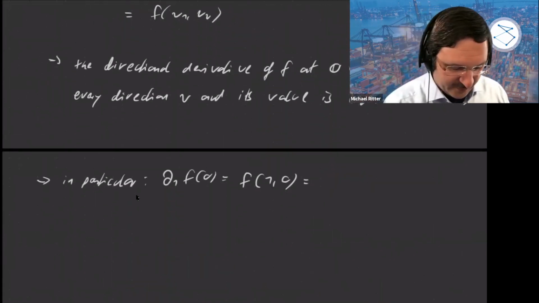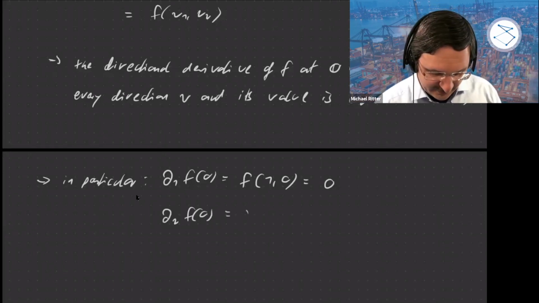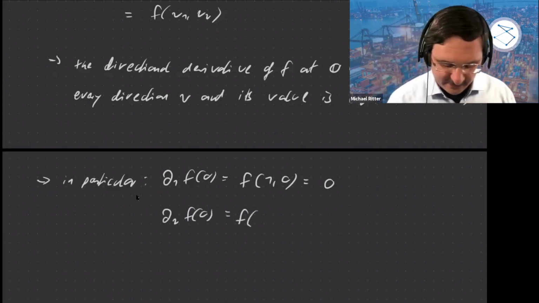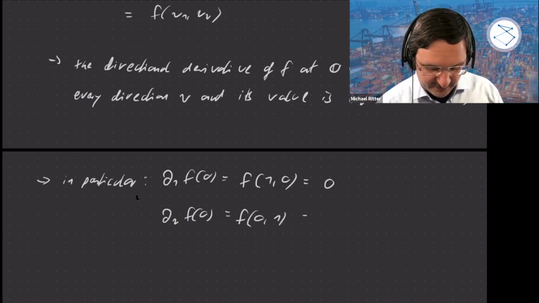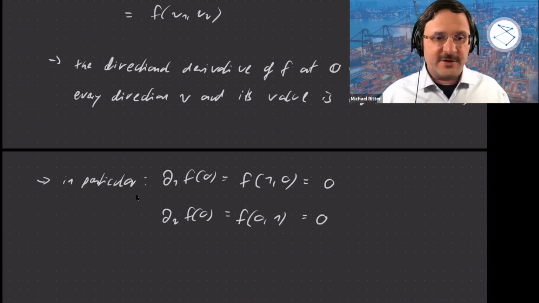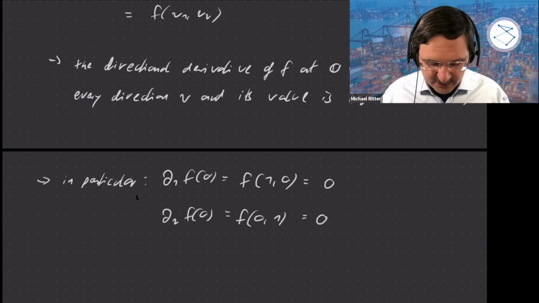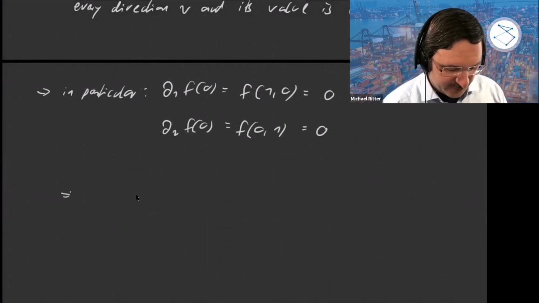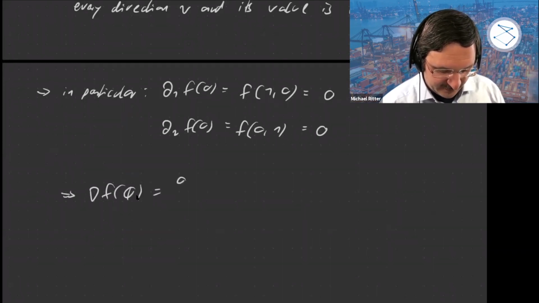So obviously that value is equal to 0. And of course, the same thing happens if we consider the x2 axis. Then by what we just found out, this partial derivative is f of 0, 1. And again, that's 0 if you just substitute those values into the definition of f. Okay, so we found out the partial derivatives are both 0. That means, of course, the gradient of f at the origin is 0, 0.